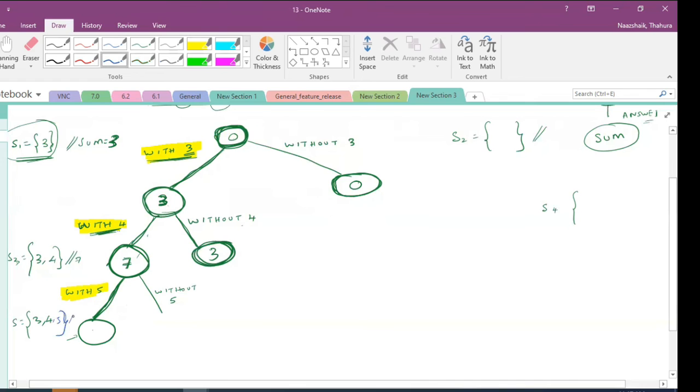To find the sum, you need to look at the vertex. If you picked 5, what will be the sum? Just add it with the parent. So it will be 7 plus 5, which is 12.